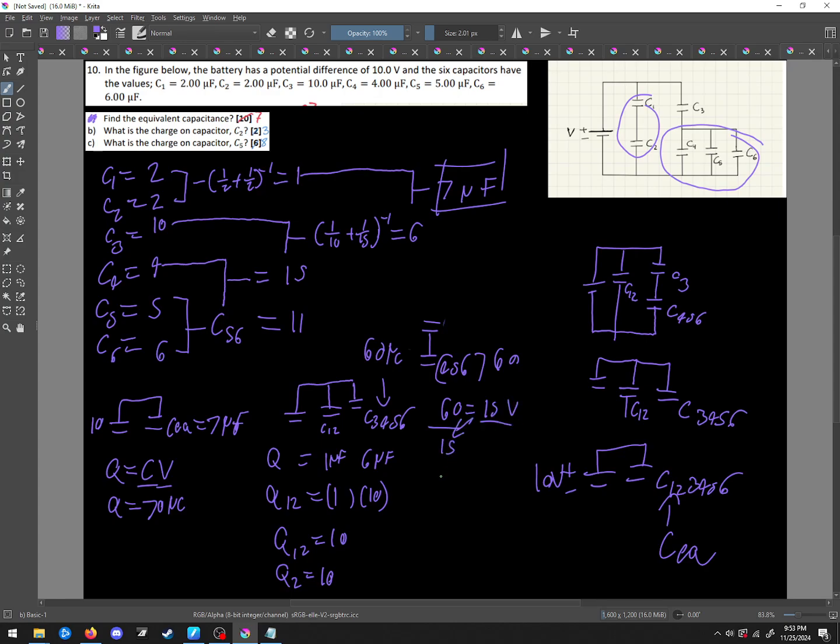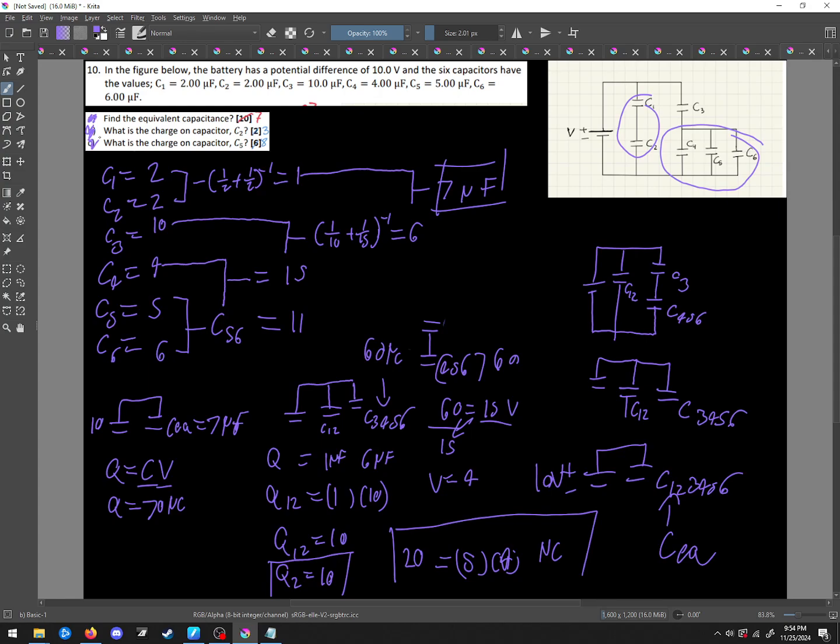We divide both sides by 15, and V equals 60 divided by 15, which equals 4. So we have a voltage of 4, and in parallel, voltage is the same. So if C5 is 5, and the voltage is 4, then the Q equals 20 microcoulombs. And that's part B, and then that's part C.